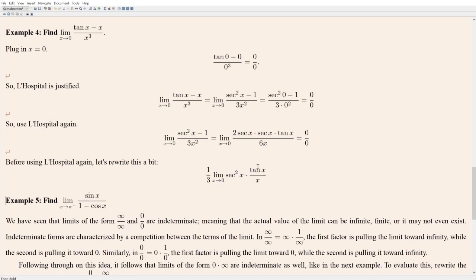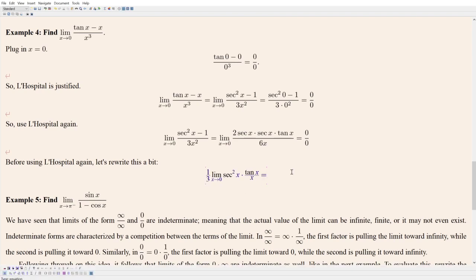And really, the problem is arising from this term here, right? This tan x over x, that's where the problem is coming from. That's where the 0 over 0 is coming from. But the secant squared is fine. If I plug in 0 here, we just get 1 over cosine squared at 0, which is just 1. So this is the same as 1 times all of this.